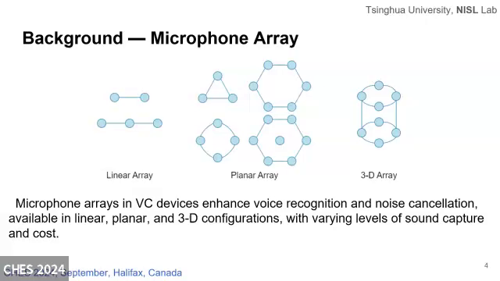They are available in three main configurations: the linear ones, the planar ones, and the 3-dimension arrays, which offer the best omnidirectional sound capture, but at the highest cost. This structure is mainly used in advanced products like Apple HomePod or Huawei's SoundJoy.